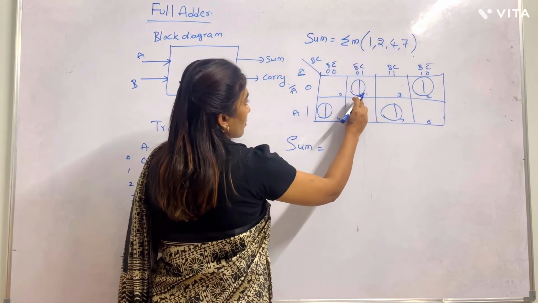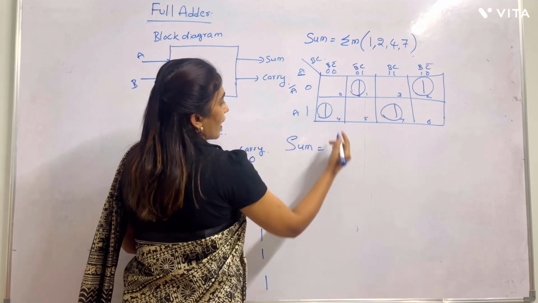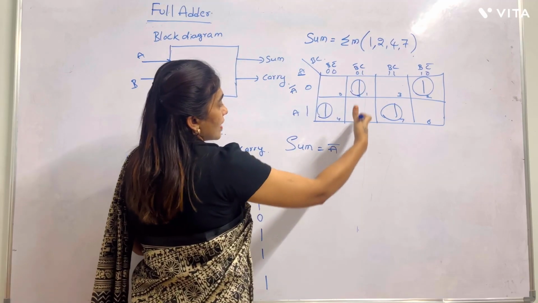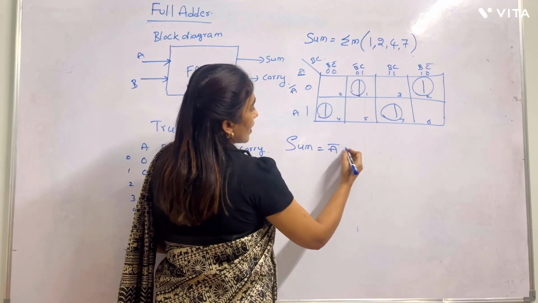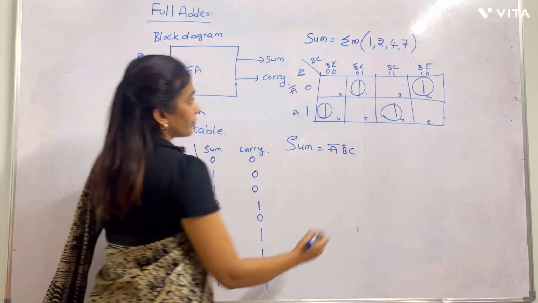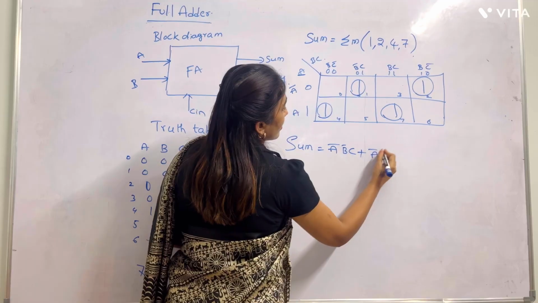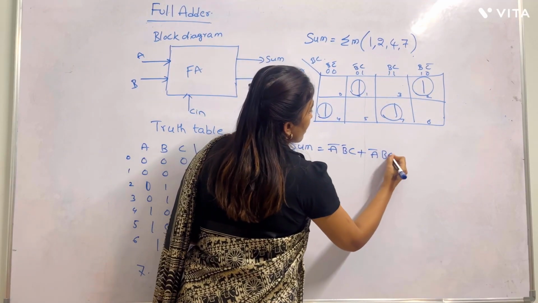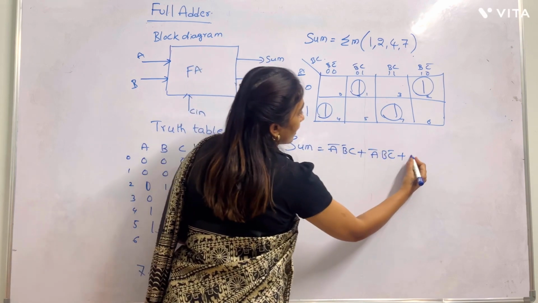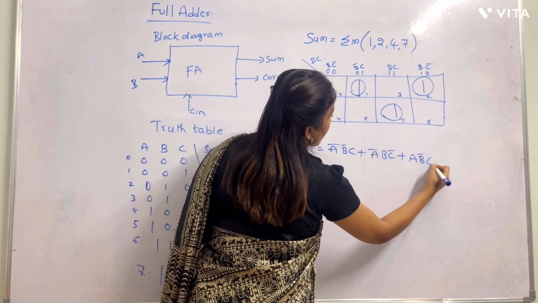For the first min term location, row wise it is A bar, column wise the answer is B bar C. Next, this min term, row wise A bar, column wise B C bar, plus this min term, row wise A, column wise B bar C bar.